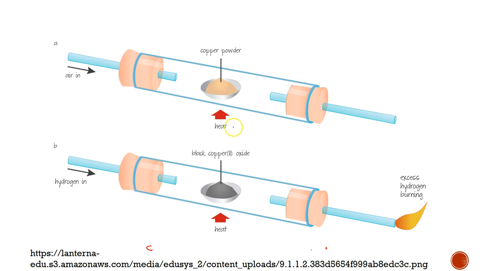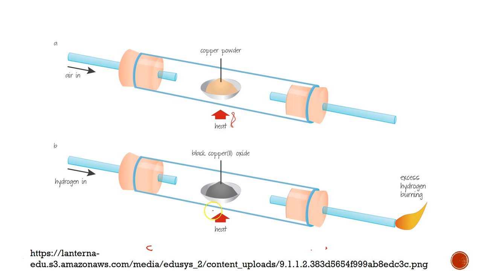So it could be a Bunsen burner as our source of heat. The copper powder will heat up, the rate of reaction will increase, and it will react with oxygen that is present in the air. Okay, as it does that, it will slowly change color and turn black into copper oxide.